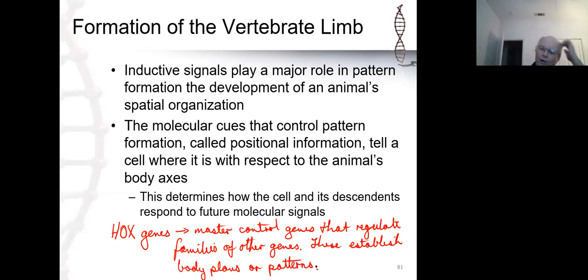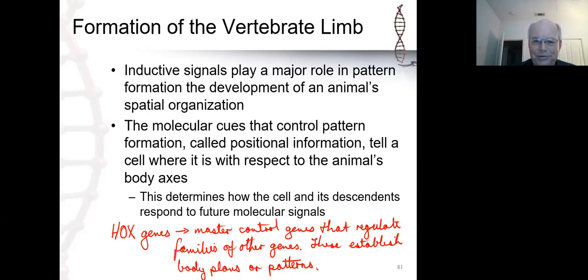So remember, what we're trying to establish here is why, once you've got the three axes in place, certain structures form in certain locations with respect to those axes. So we've gone over some mechanisms that establish the axis.